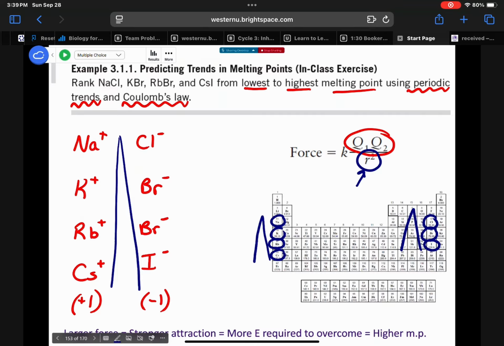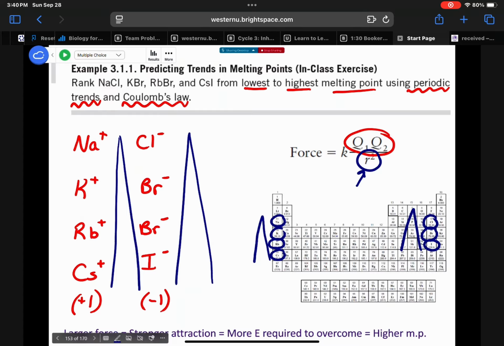So we can predict a small cation and small anion is going to have a small distance between the ions, a small distance between their nuclei. And cesium and iodide, two bigger ions, are going to have a much larger distance between them.